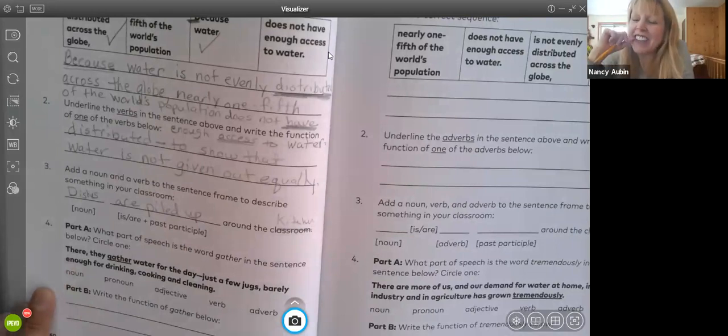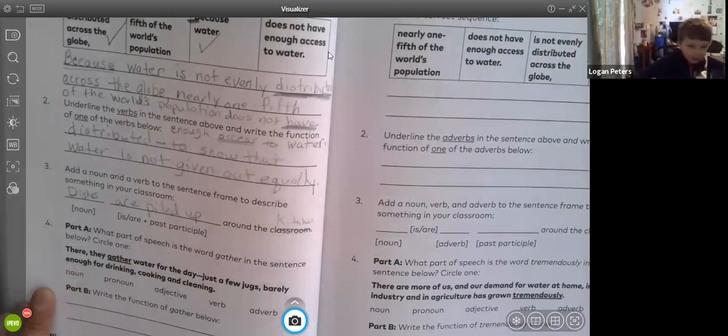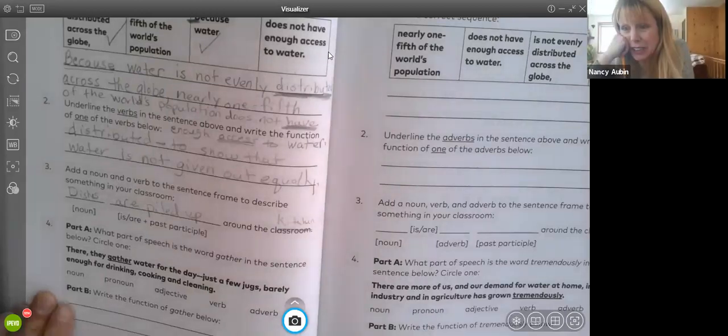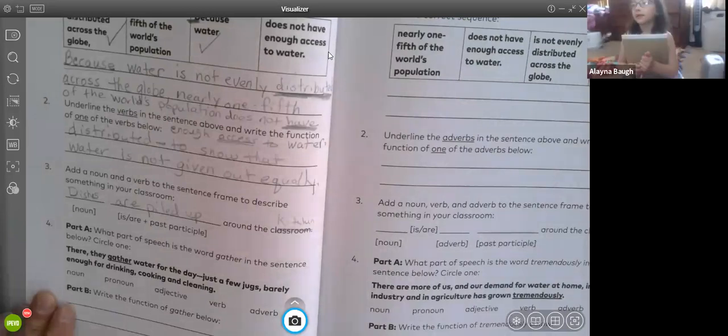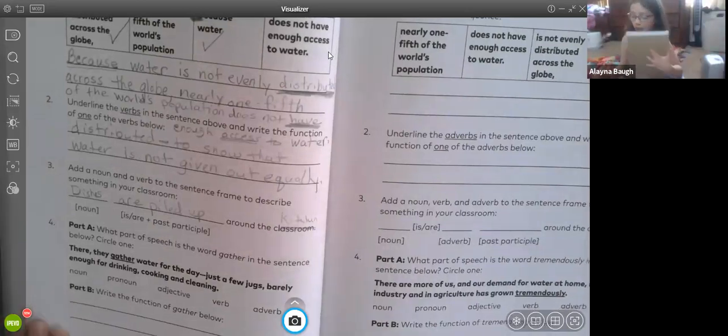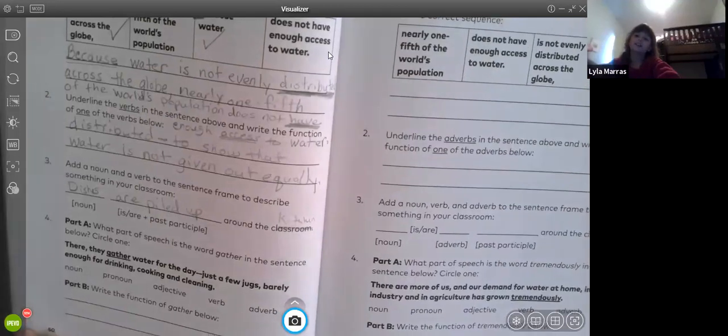Logan? And then Lila Maris? Toys are everywhere. My toys are everywhere in my room. I love it. Lila Maris, what is yours? Soon I will have Alice in Wonderland stickers all around my room.